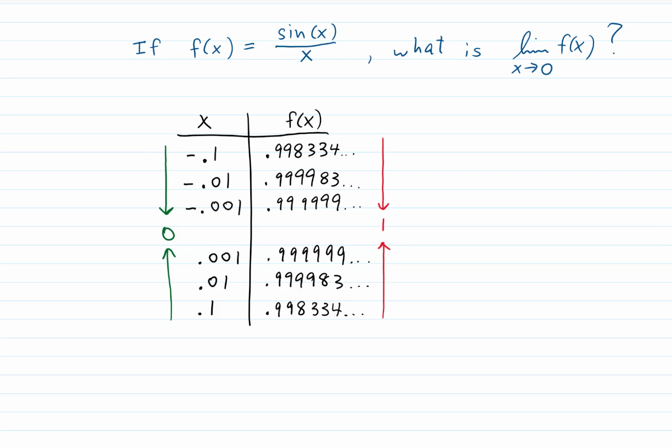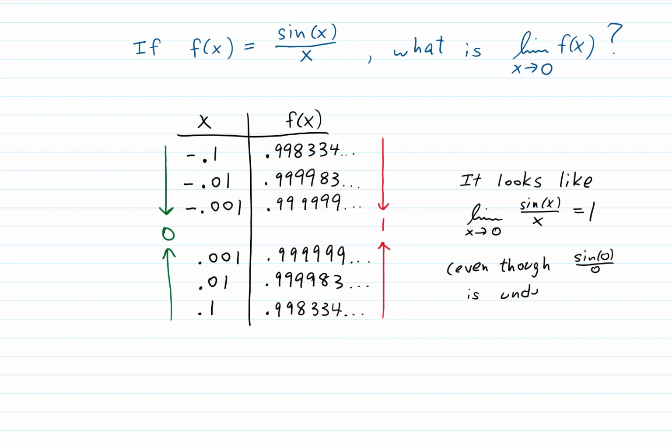So I would say it looks like the limit of sine of x over x as x approaches 0 equals 1, even though sine of 0 over 0 is undefined.